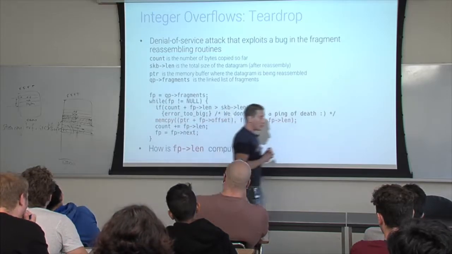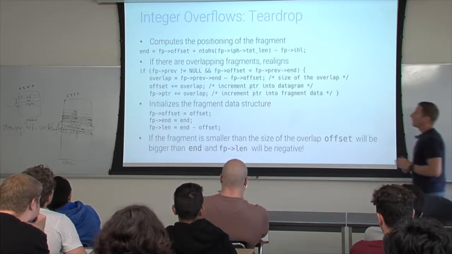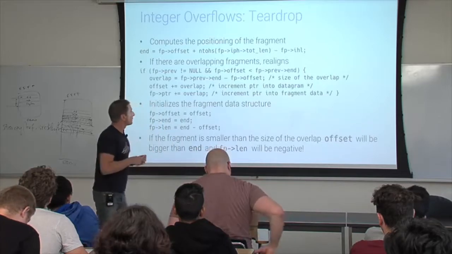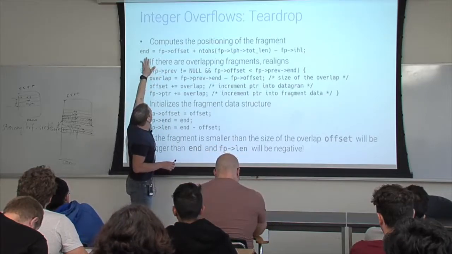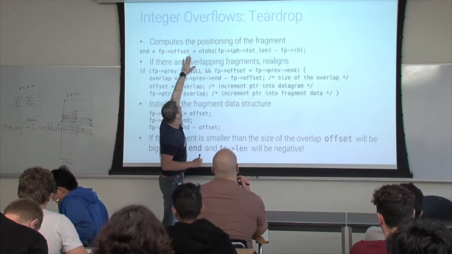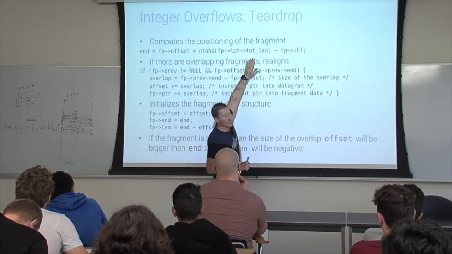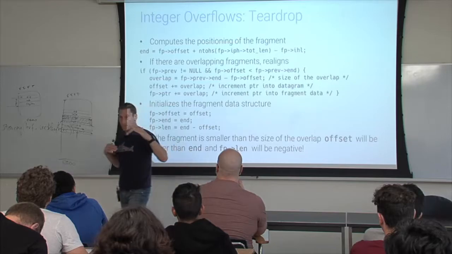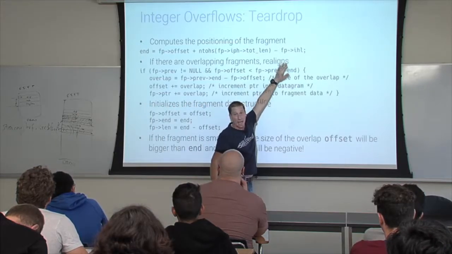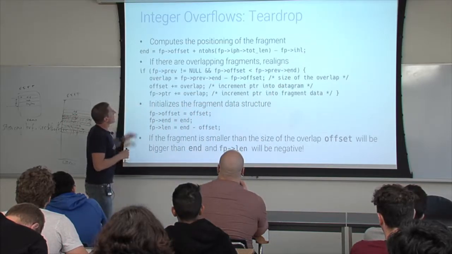Actually, during reassembly, they check for possible overlap. And so what they do, they say, hey, the end of my fragment is the offset plus the total length of the fragment minus the length of the header of the IP packet. So this is where I will end my fragment, right?